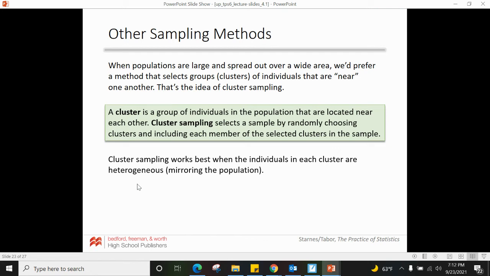I mean, if we picked senior foods, those are going to be only seniors. But if you picked food 1 or 2 or ceramics or art or drawing, those would be pretty heterogeneous groups. You're going to get a wide variety of students in them. And then we'll put them all into their own cluster, and then maybe we randomly select the 3 clusters that we're going to sample, and we sample everybody in that cluster.